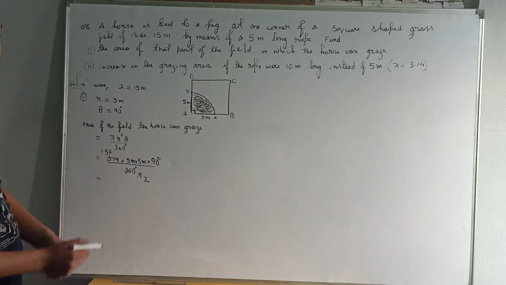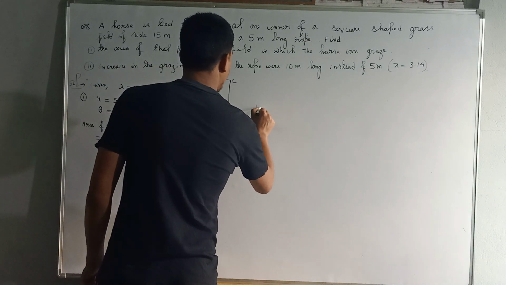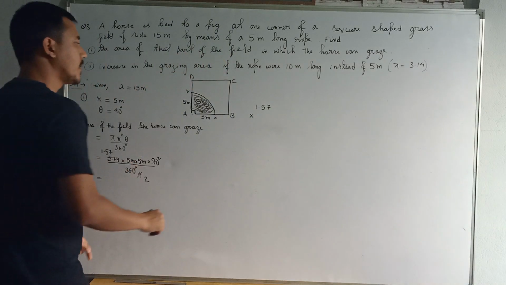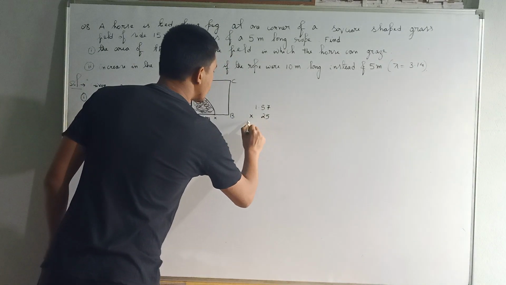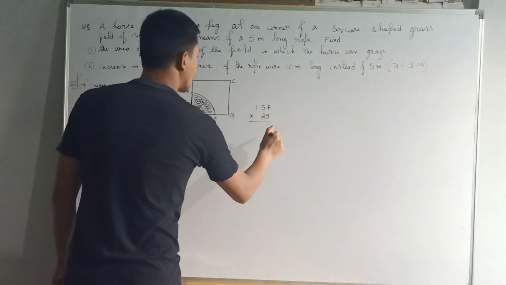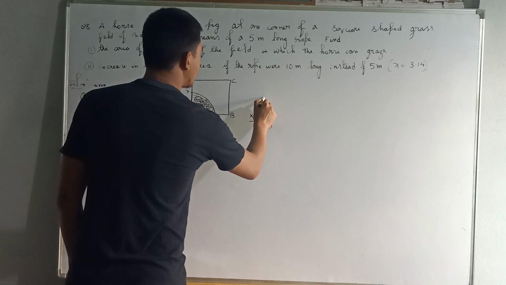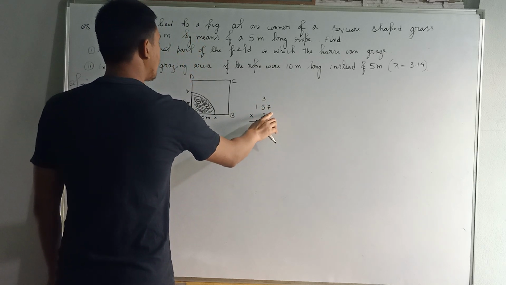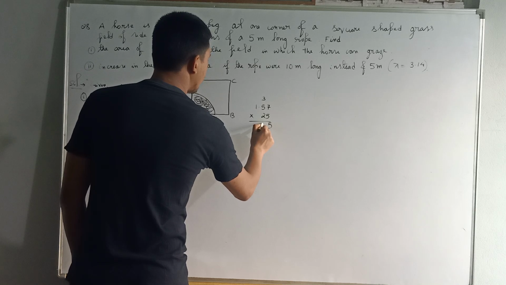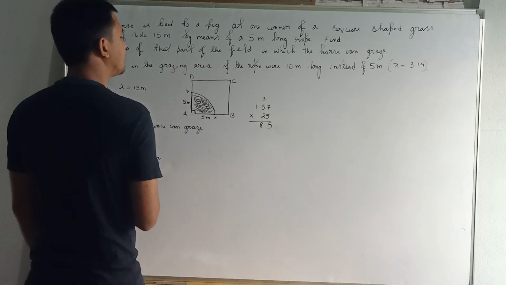So let us calculate that. 1.57 times, here 5 5s are 25. So 1.57 times 25. 7 times 5 is 35, 3 carry. 5 times 5 is 25 plus 3, 28.